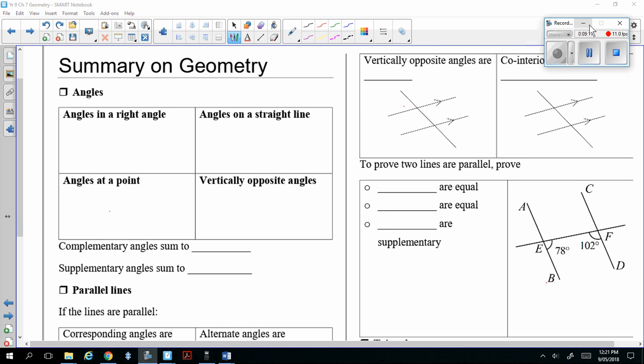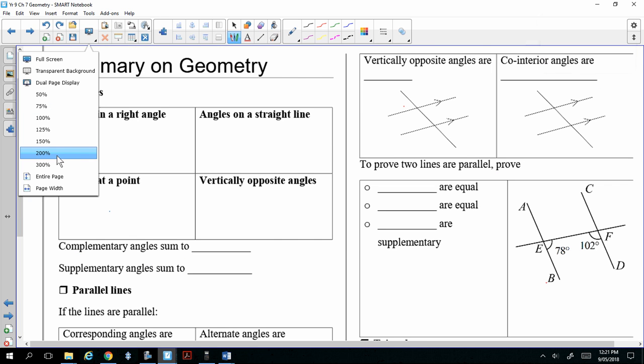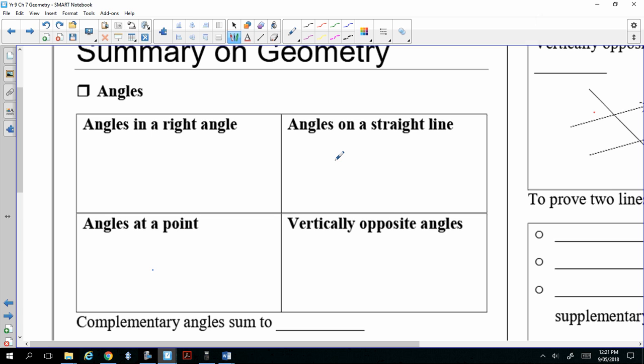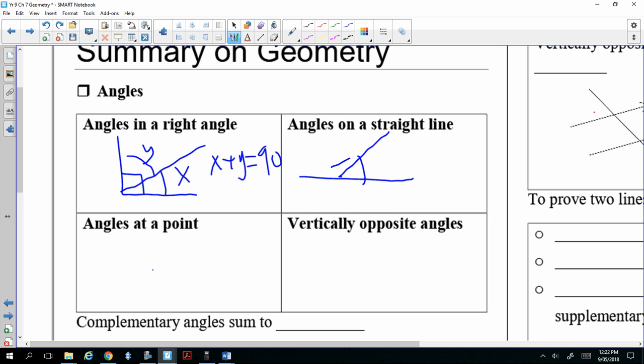Let's go through this very easily. We start off with a summary on geometry. Angles in a right angle: x and y add up to 90 degrees. Angles on a straight line add up to 180 degrees. Angles at a point add up to 360.